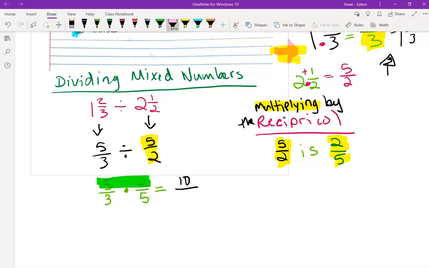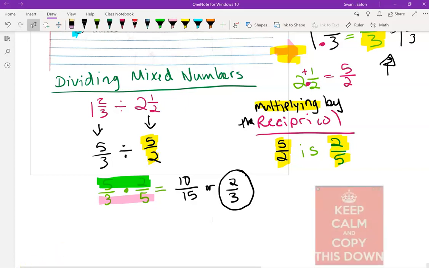And then you're going to multiply going straight across on the bottom. 3 times 5 is 15. And then you would have to simplify this. 5 goes into 10 twice, and 5 goes into 15 3 times. So you can write it as 10 over 15 or 2 over 3. If you can simplify, always simplify.